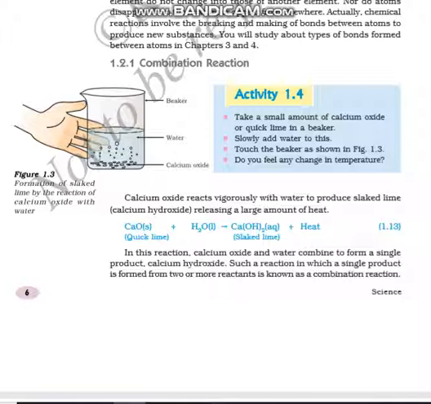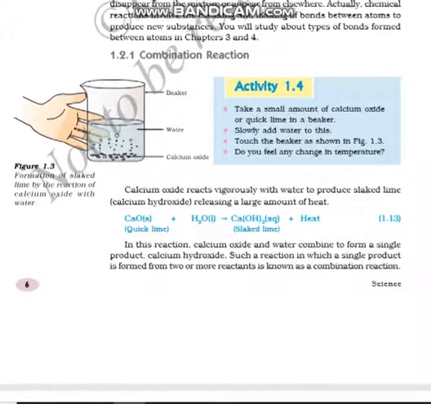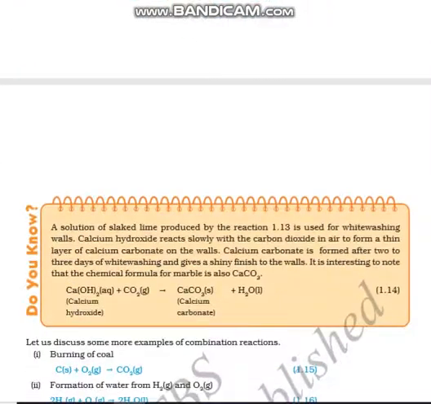And let us observe that the calcium oxide which we are adding to the water is in solid state and water is in liquid state, but the product we are getting is in aqueous state. Because we are adding the substances, we are combining the substances, it is called a combination reaction. Right? Got the point? Understood? Any doubt?